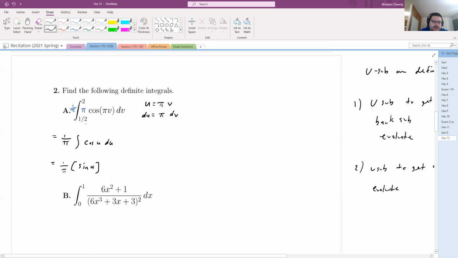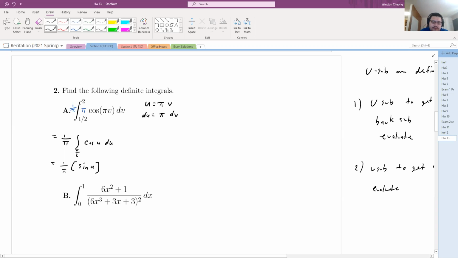The limits that are given in the problem, the 1/2 and 2, are in the v world in this case, and we want to convert them over to the u world. We do that using this rule. So if we have v equal to 1/2, then according to this, pi times v, or u, is equal to pi over 2. So the lower limit is pi over 2.